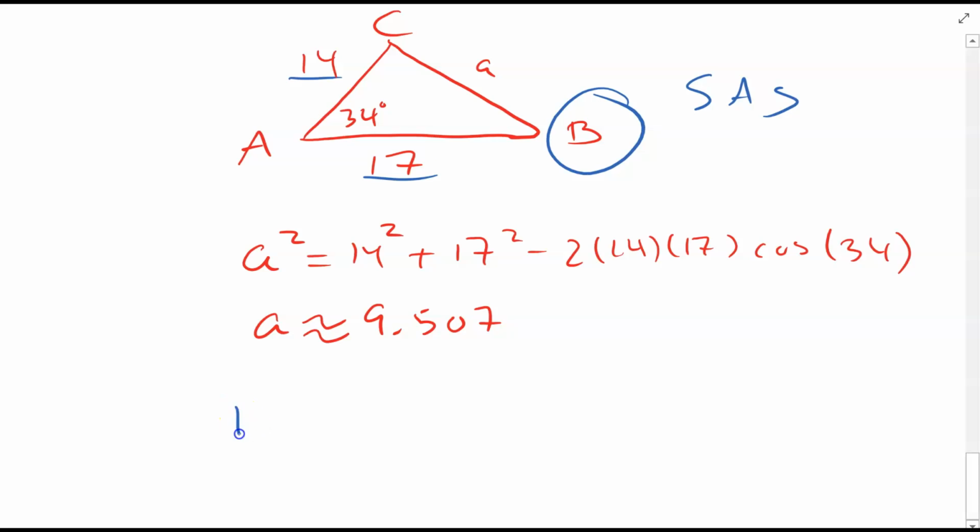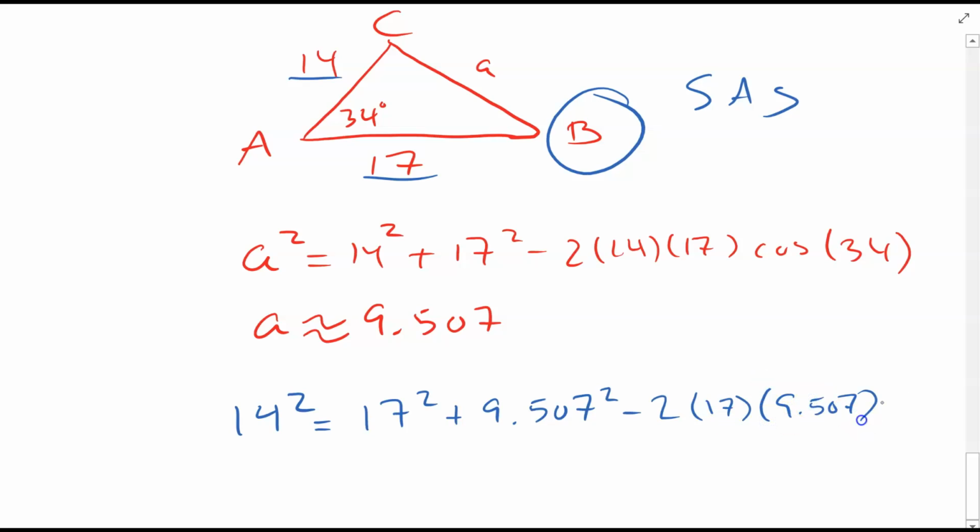So, using the law of cosines, I'm going to have 14 squared is equal to 17 squared plus 9.507 squared minus 2 times 17 times 9.507 times cosine of B. Now I'm going to solve for B all in one step.